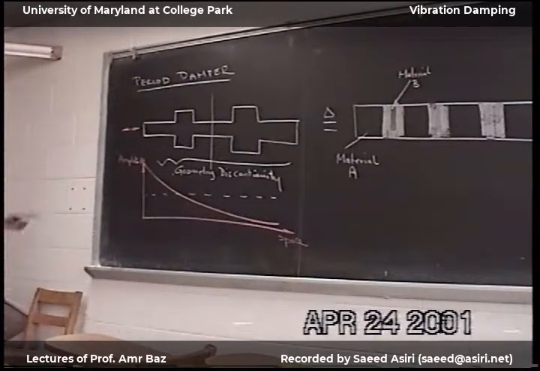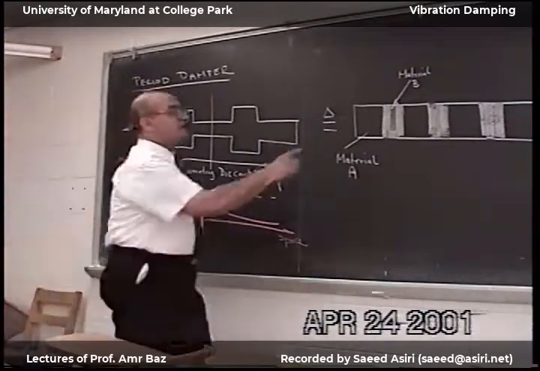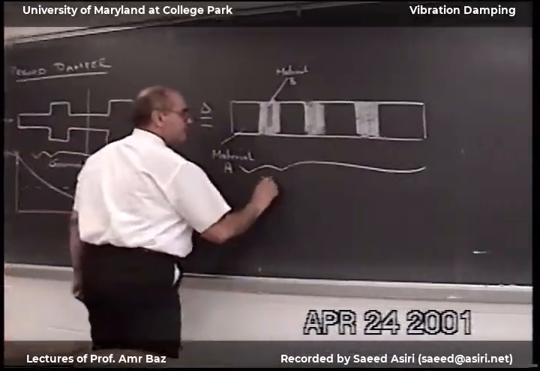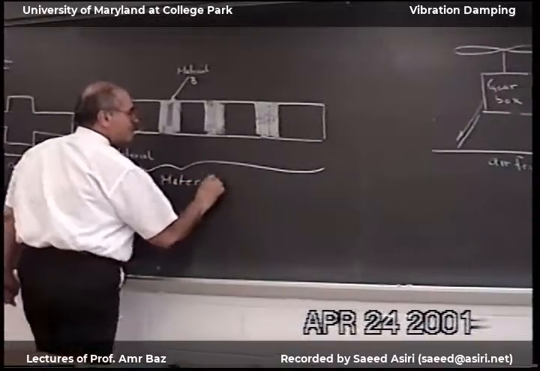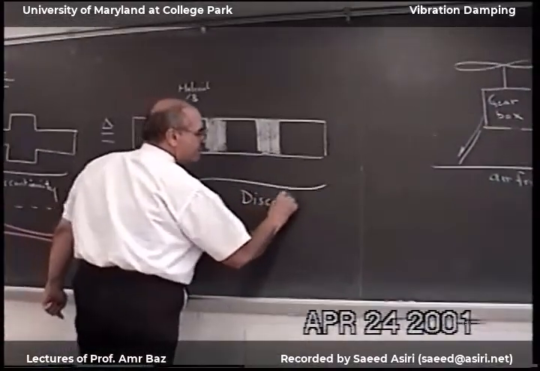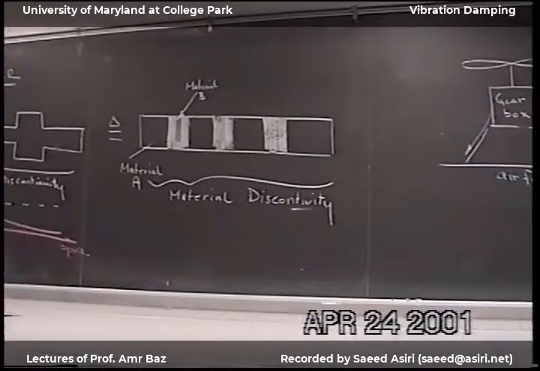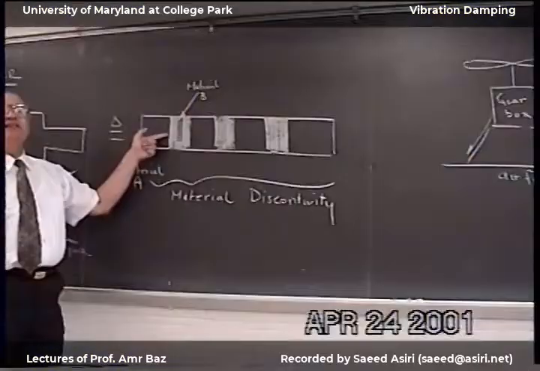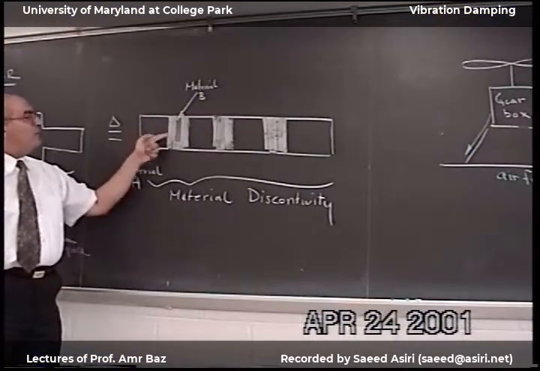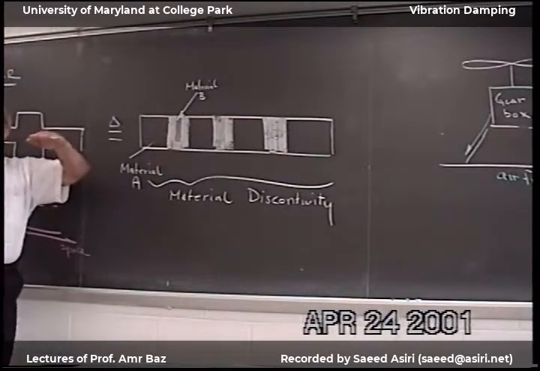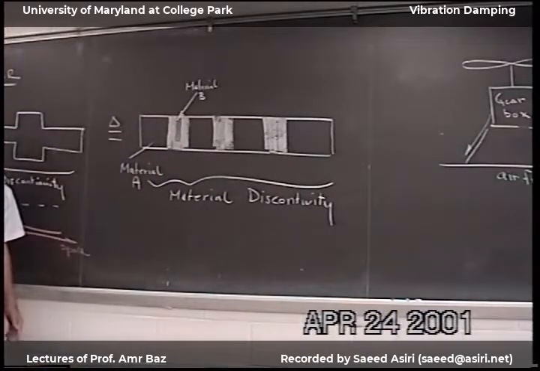So now, for example, this other class, this is two materials, so we have here material discontinuity. And if you come and have sound wave propagating, it has sound speed. When it hits this, it has a different sound speed. So exactly like the ray of light going from air to water.